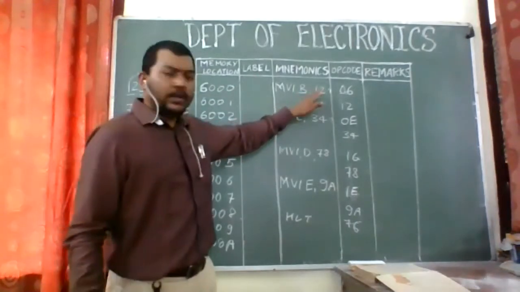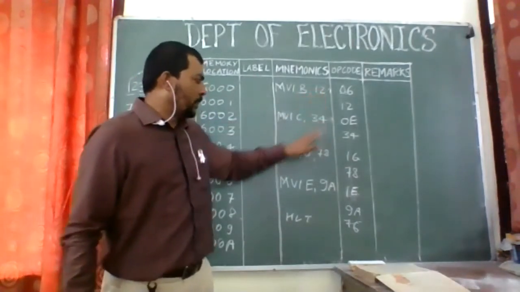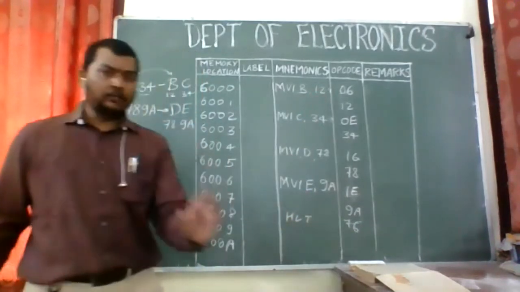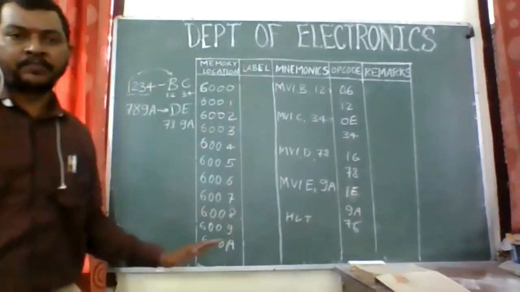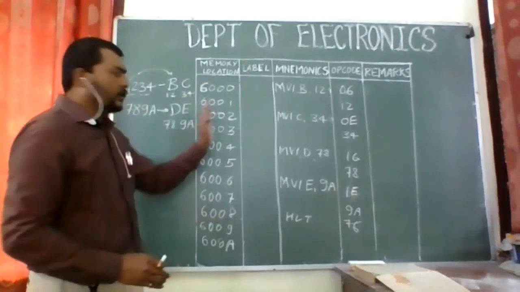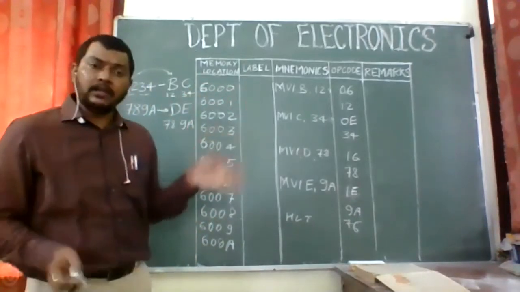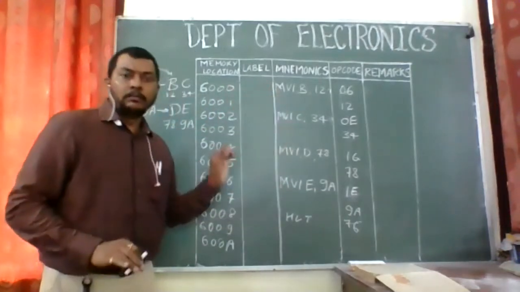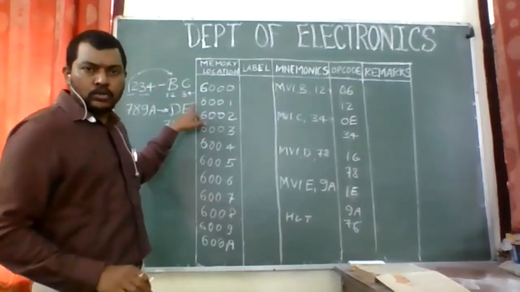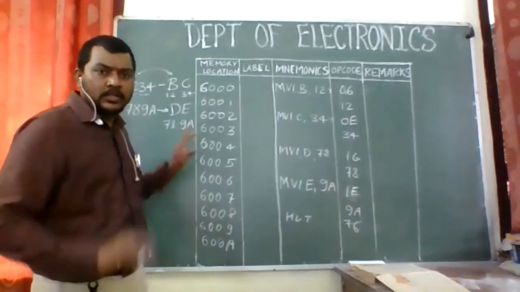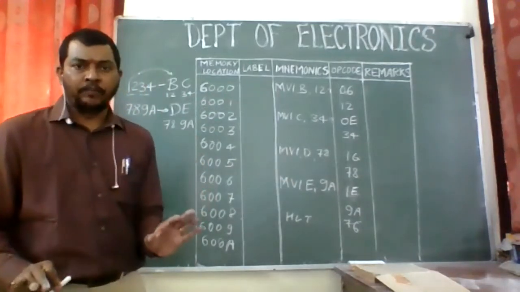Because of that, we require 2 plus 2 plus 2 plus 2 means 8, and plus 1, 9 memory locations to write this program. So we can reduce the same program by using some other instructions, and the result will be the same. Now, by using this program, BC pair is loaded by 1, 2, 3, 4. DE pair is being loaded by 7, 8, 9A. This is what we are expected to do.